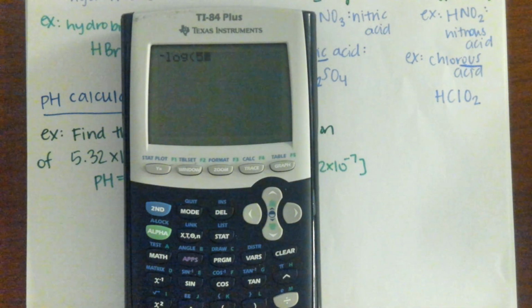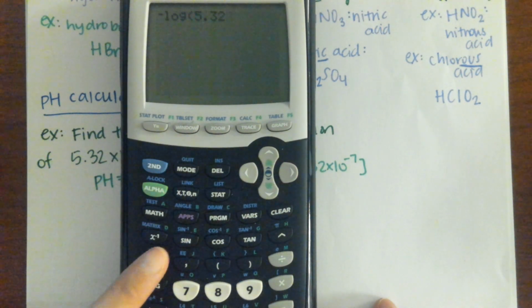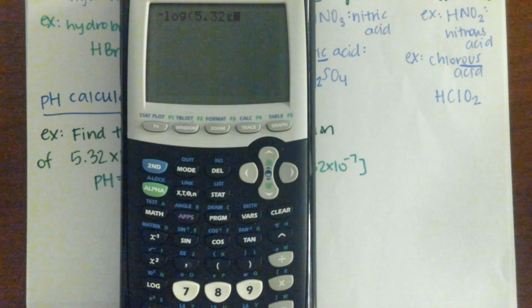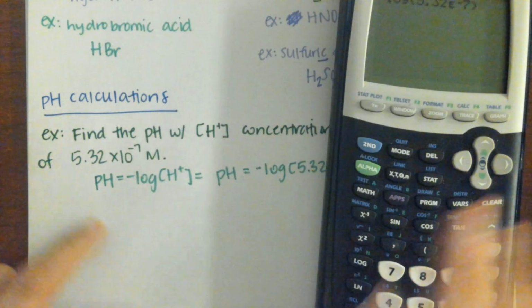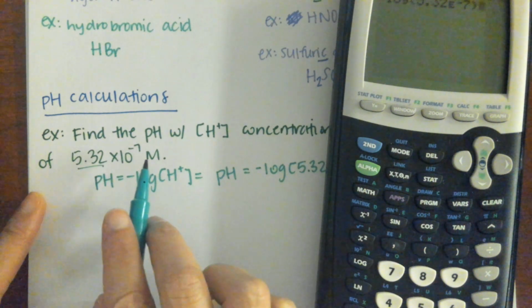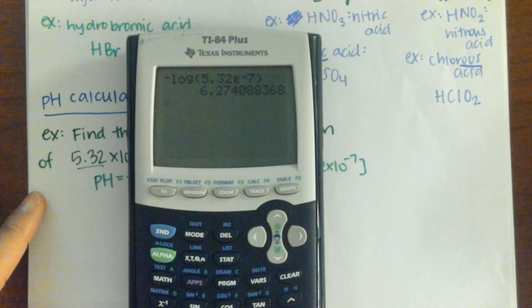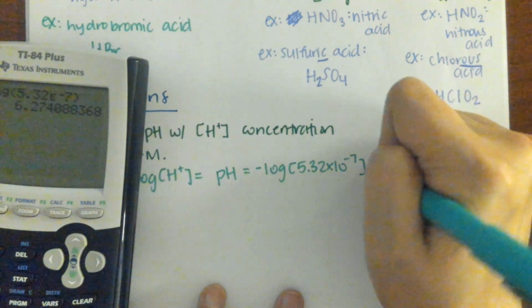We plug in the number 5.32, and the E button is second, and then this key above the 7, E, and that's it, and then negative 7. Don't do the times, don't do the 10, just this number, E, negative 7. Okay, equals. My pH is 6.3.